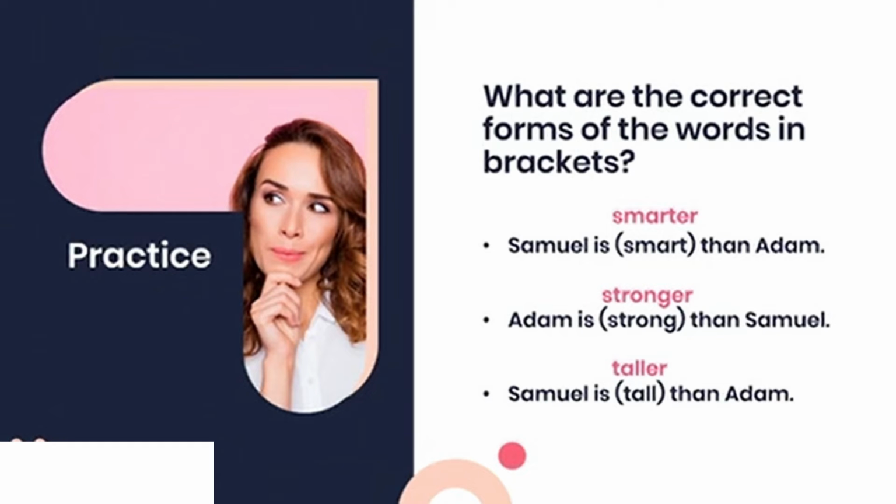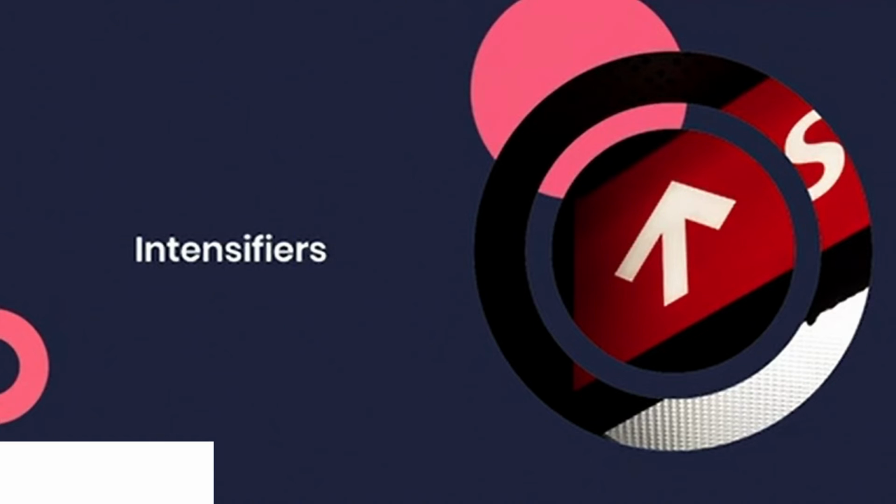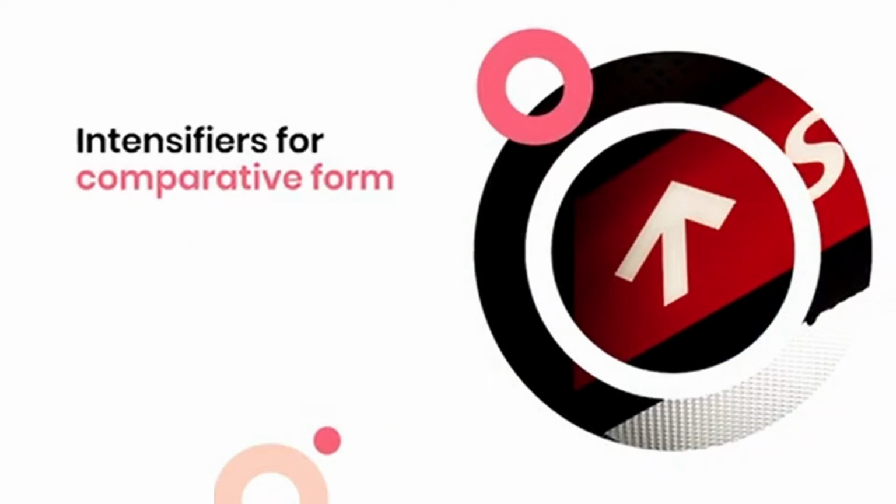As you can see, you simply add the letters ER to the end of the adjectives. Usually, you'd also use the word than after a comparative form to connect the two people or objects that are being compared. Now it's time to discuss intensifiers again.